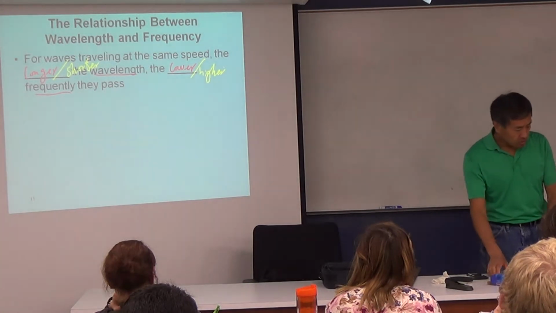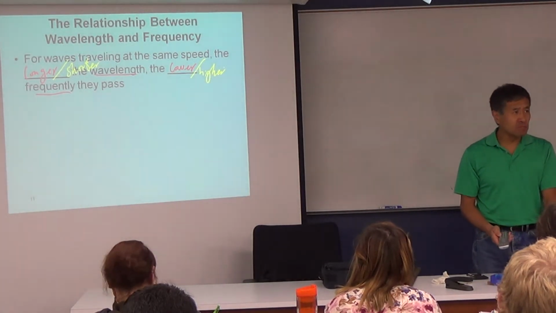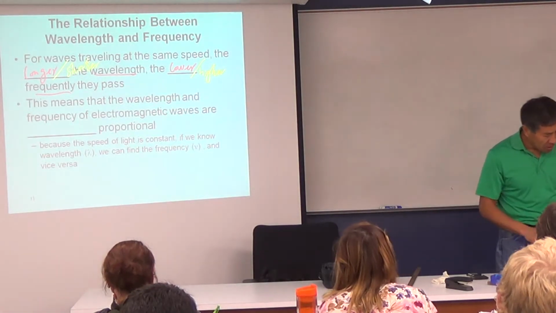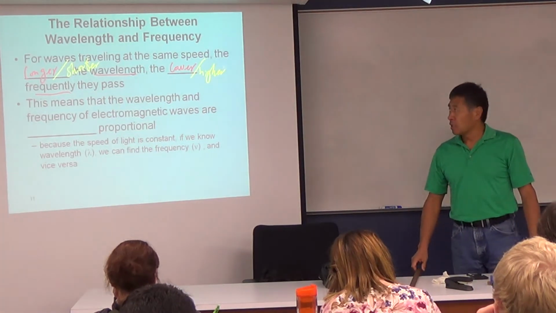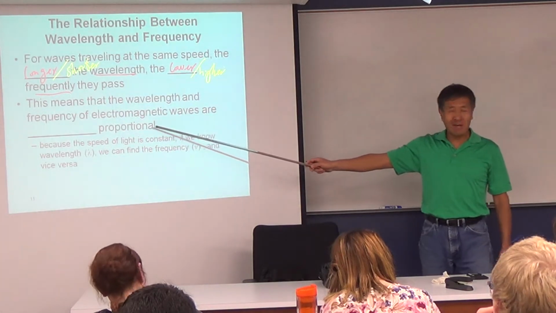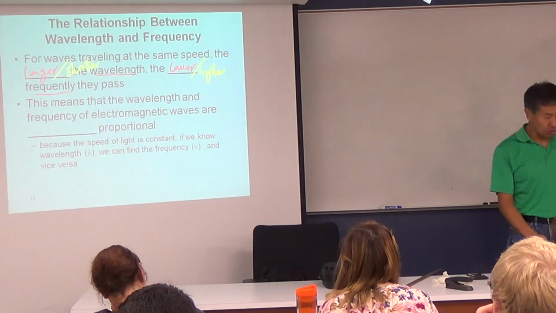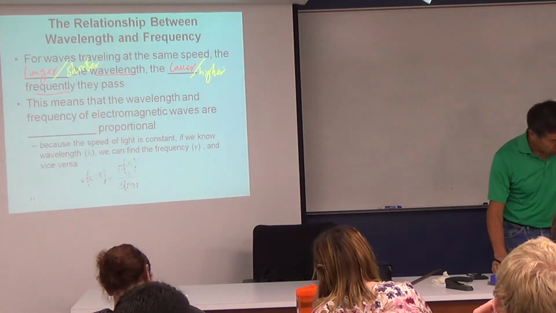Right. So these two pairs of words are matching, and from this matching relation, you find this. This means that the wavelength and the frequency of those electromagnetic waves, which you call light in a more general term, are inversely proportional.